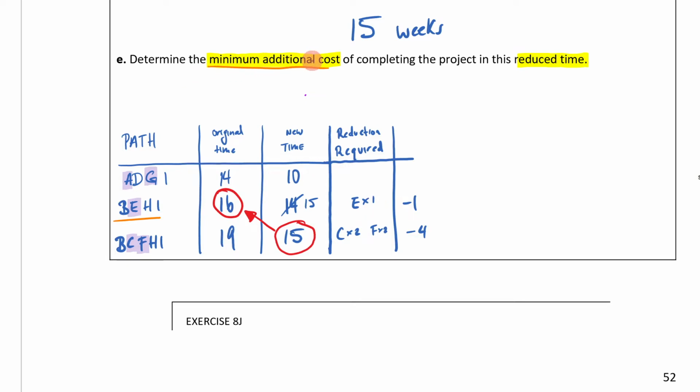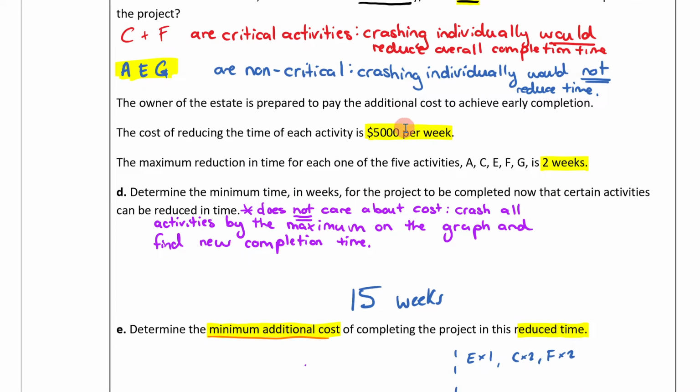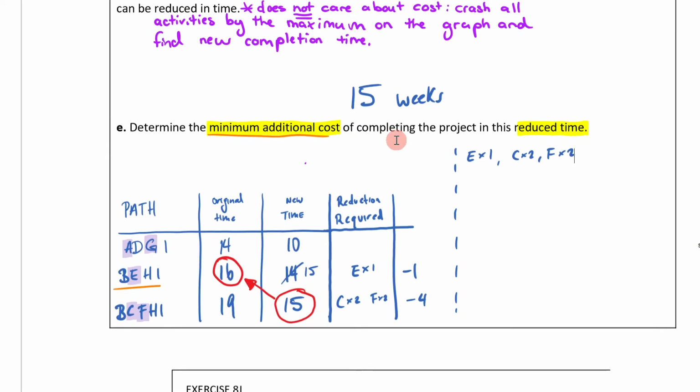Now it says determine the minimal additional cost. So now what you have to do is, all right, what are we doing here? I'm going to take E once, C twice, and F twice as well. And then I would come up here and figure out the cost of each of those. Now, what was it? It was $5,000 for each week.